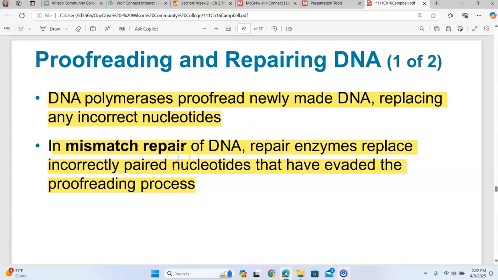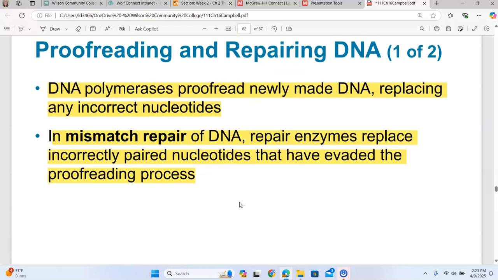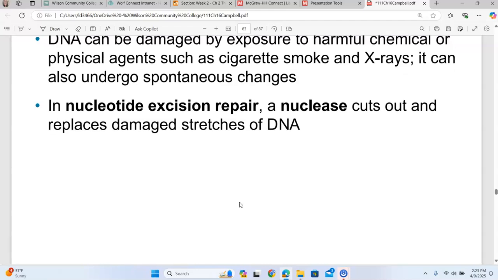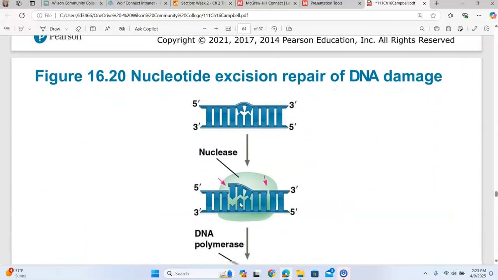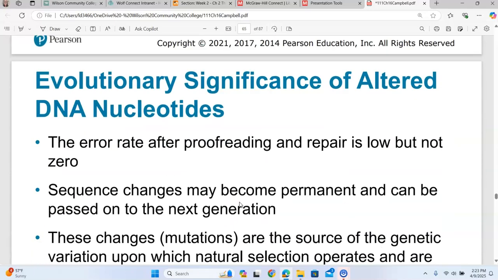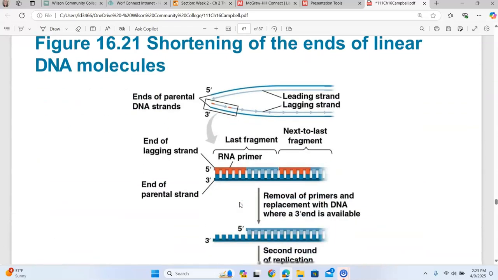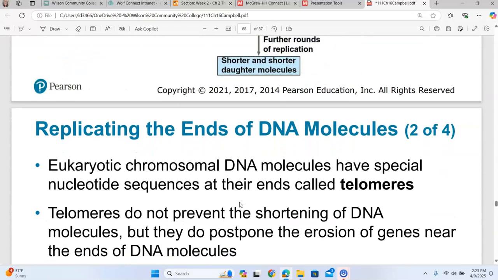Then in mismatch repair, repair enzymes fix mistakes that DNA polymerase didn't fix. One of the repair enzymes is called nuclease, and there are different ones. I'm going to skip through some of this just because we don't have time to cover everything.